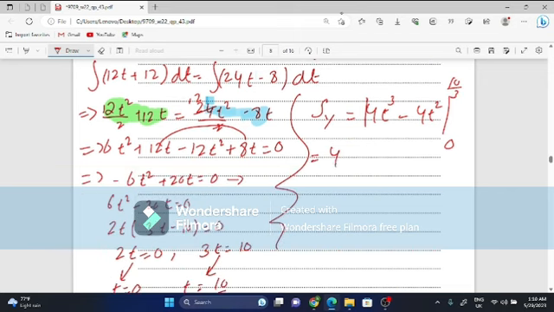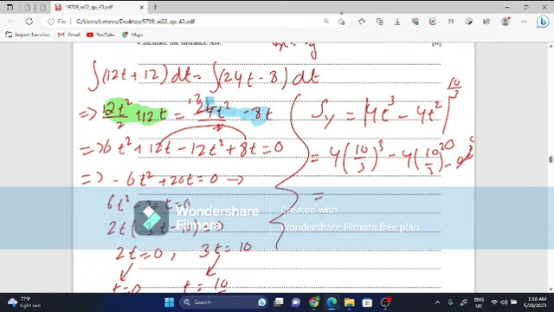So that gives me 4 times 10 by 3 cube minus 4 times 10 by 3 square, minus 0 will die out, and further its answer will give me 2800 divided by 27. That is the answer for sy.